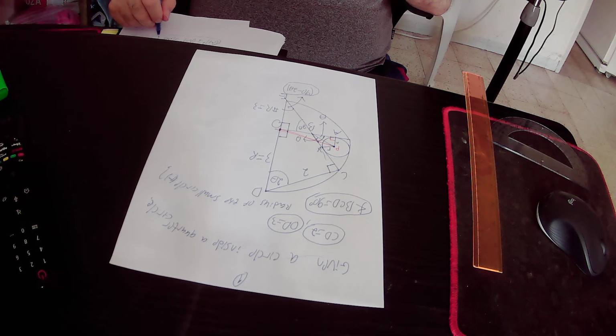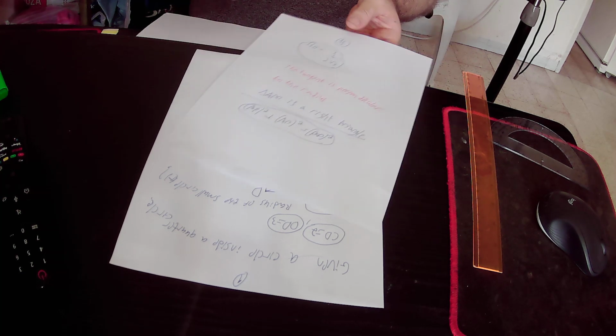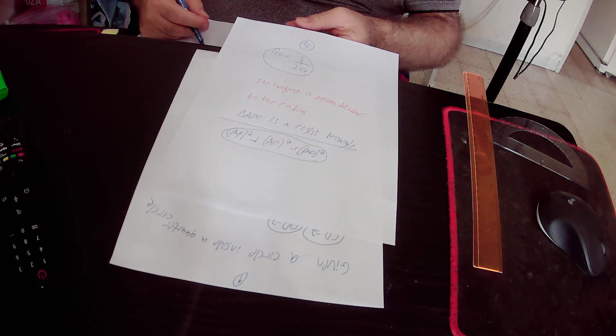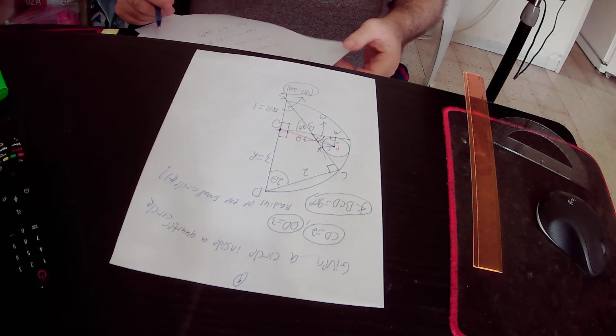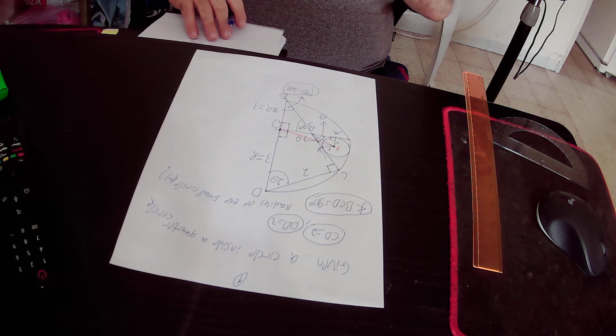According to the Pythagorean theorem, in the right triangle APO, AP square plus AO square equals PO square.